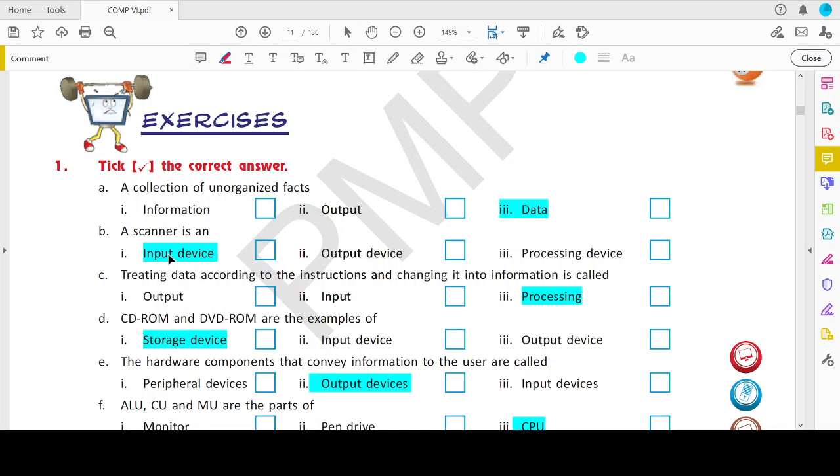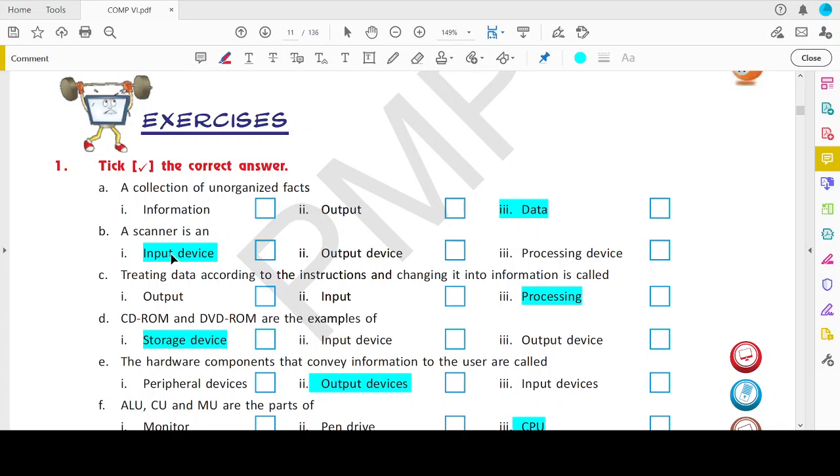I have used the scanner to scan the book and generated the output. What is the output? The output is the image that you can see now. You can see your book on the screen. So it is the output that has been generated by the computer after it is scanned.